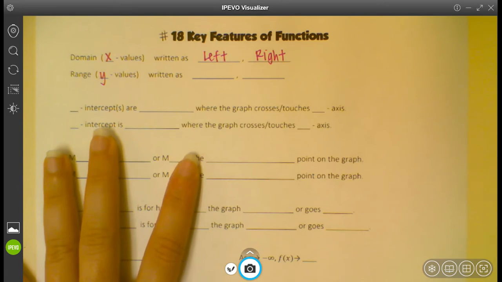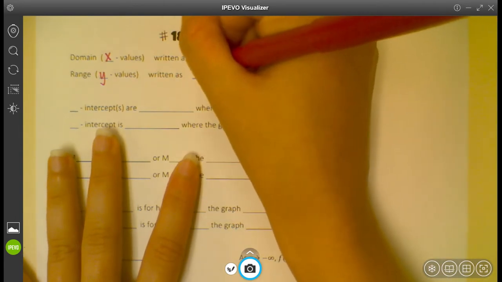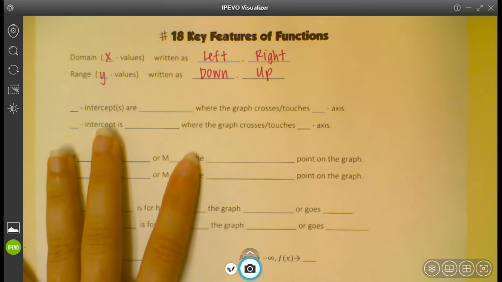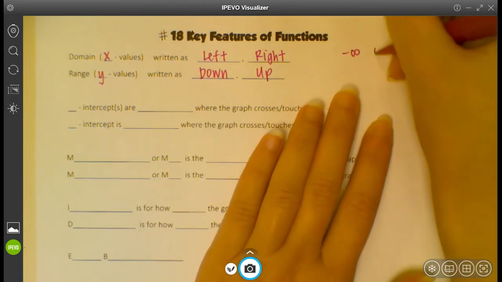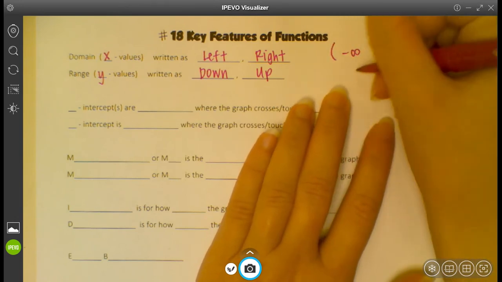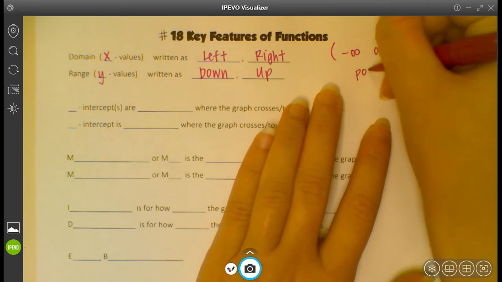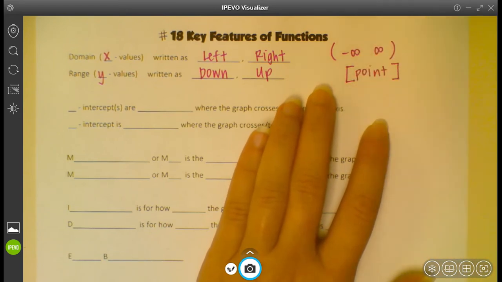As high up as we go. So we say from down to up. And remember, if you have negative infinity or positive infinity, you will use parentheses. And if you actually have a point on your graph, you denote that by using brackets.